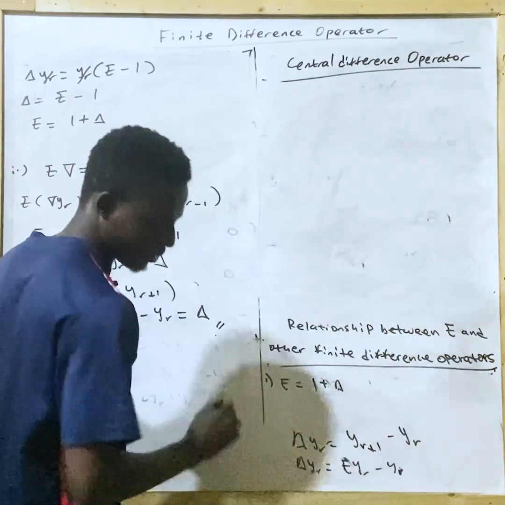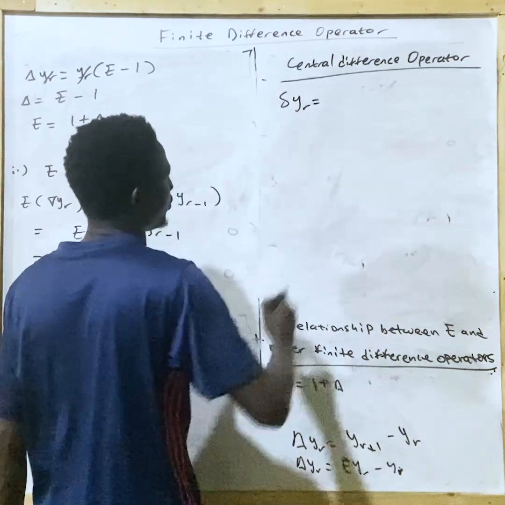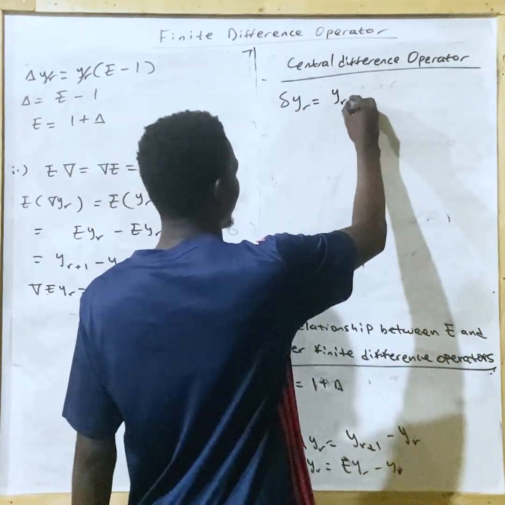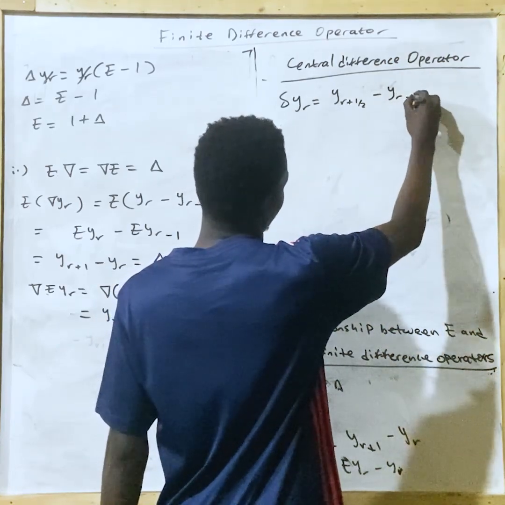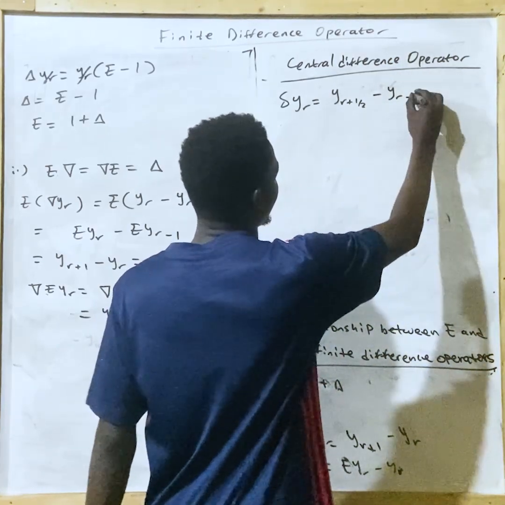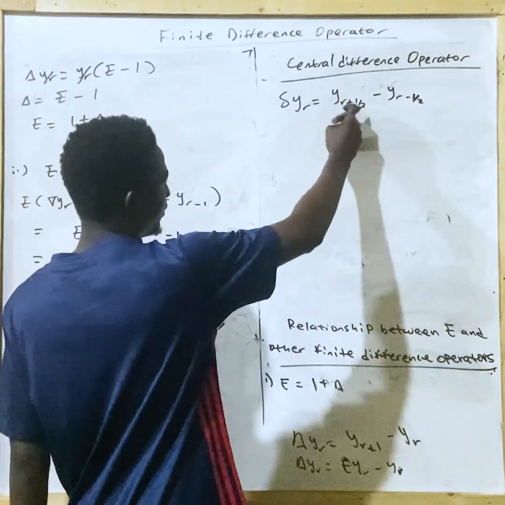So my central difference operator is just yr plus half minus yr minus half.